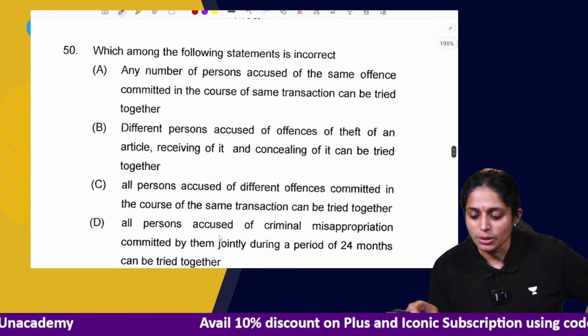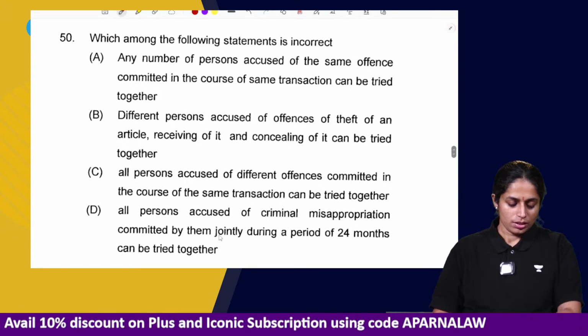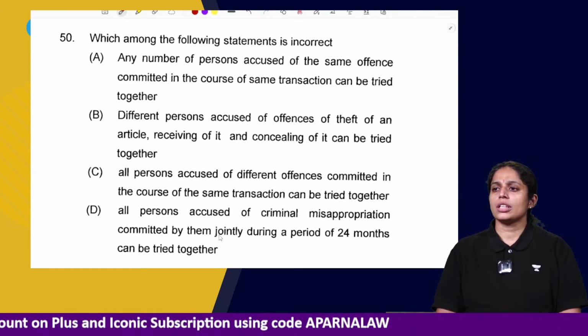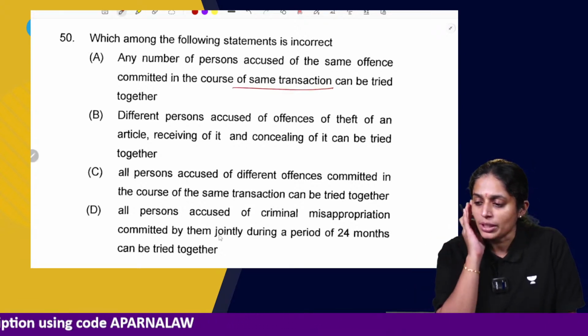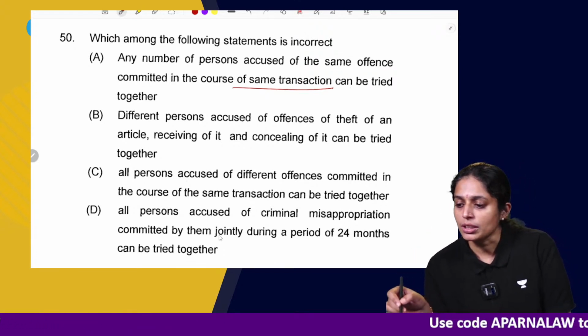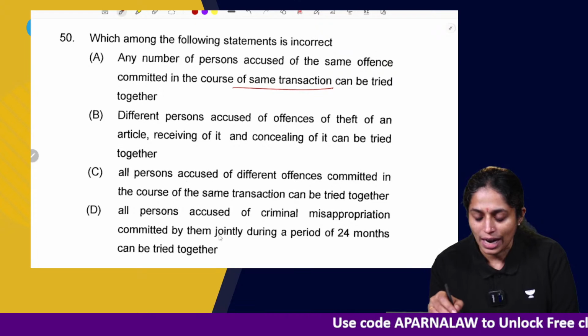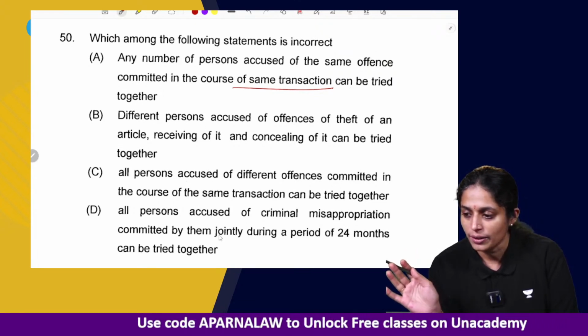50th question. Which among the following statements is incorrect? Any number of persons accused of the same offence committed in the course of the same transaction can be tried together. Different persons accused of offences of theft of an article, receiving of it and concealing of it can be tried together.